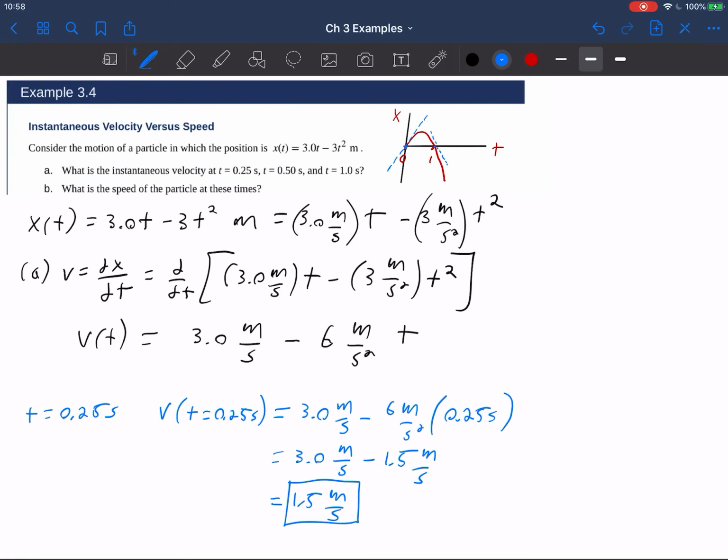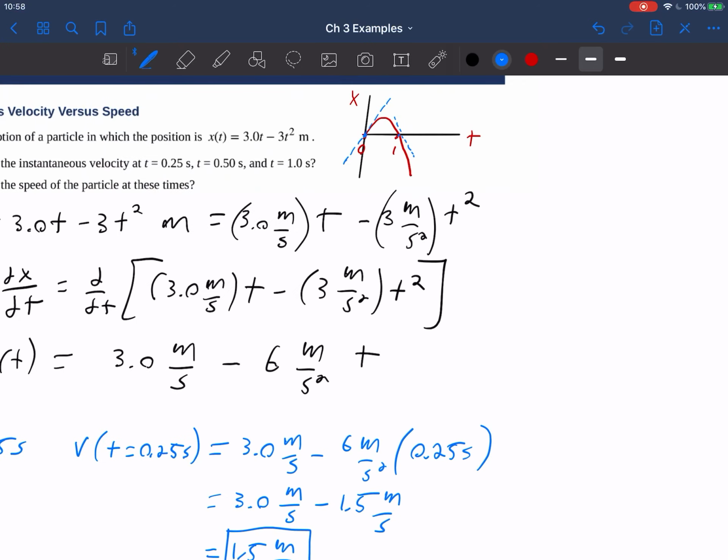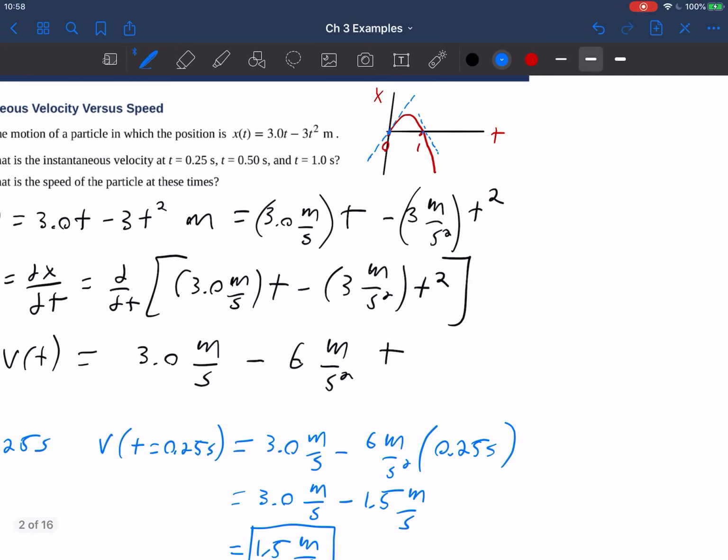Okay, so that's one of our three answers to this problem. If I go ahead and solve the other times, I have some room over here, so perhaps I'll use that. If I plug in time is equal to 0.50 seconds, I find that my velocity at that moment in time is equal to 0.5 seconds, is again equal to 3.0 meters per second minus 6 meters per second squared times 0.5 seconds.